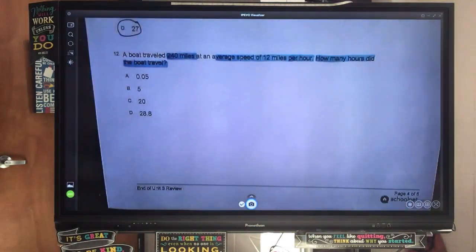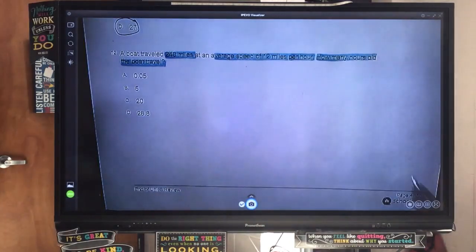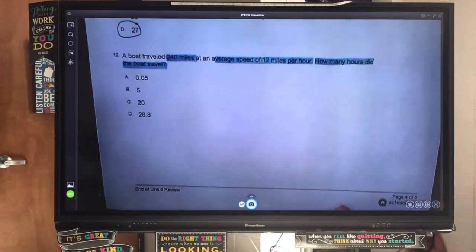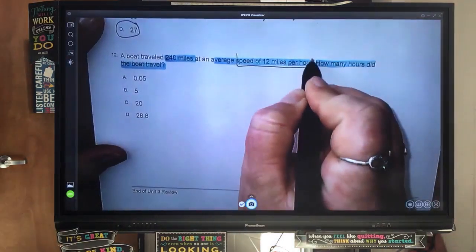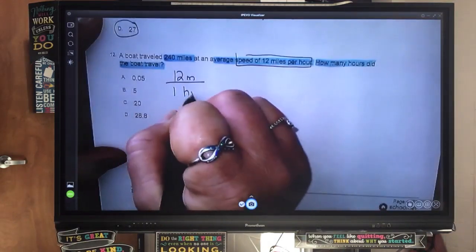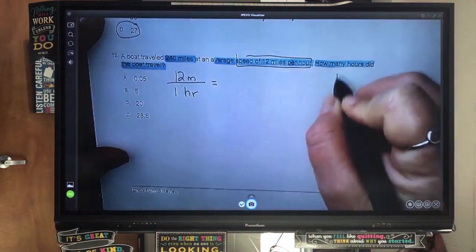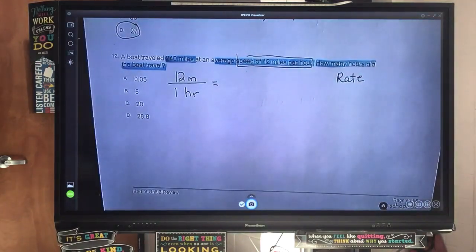Alright, so this is a unit rate question? Because I already see our unit rate in there, don't we? What's our unit rate? Delia? So it's 12 per hour, right? So 12 miles for 1 hour. So this is actually just simply a rate question.